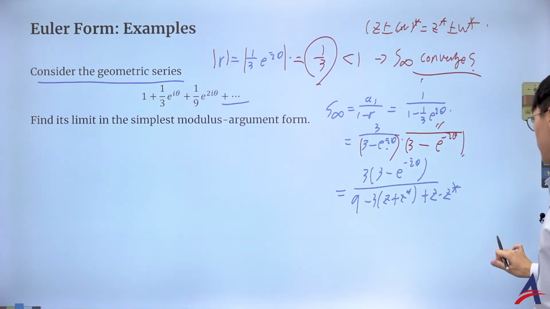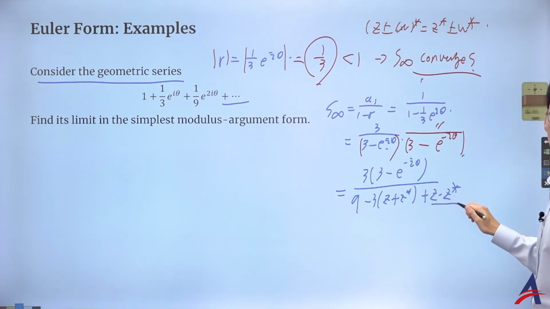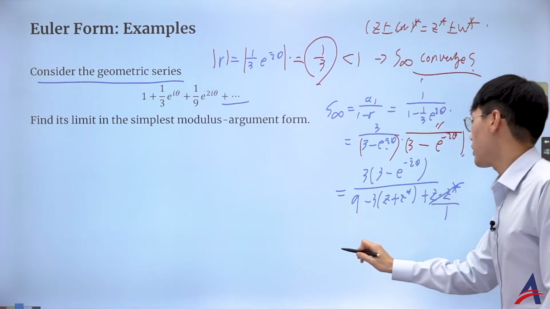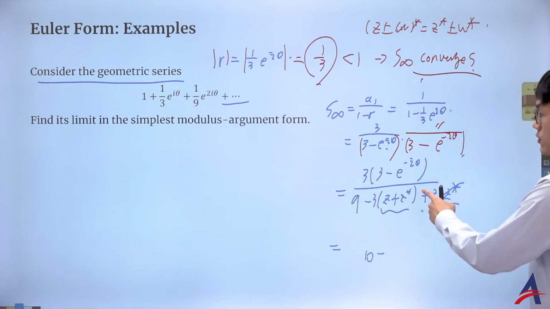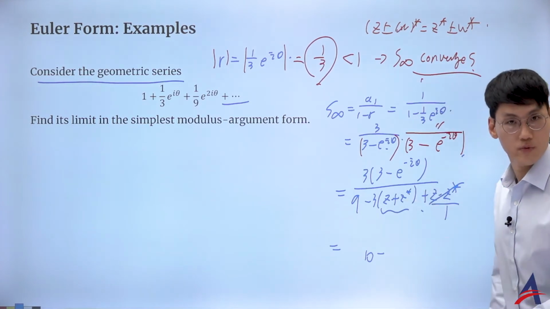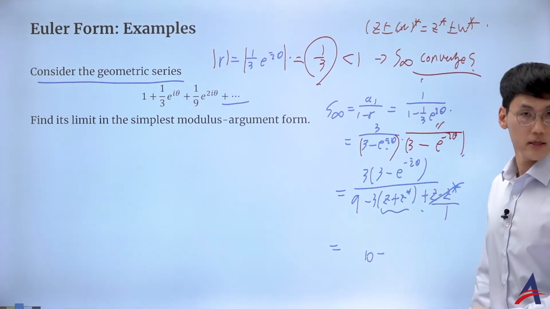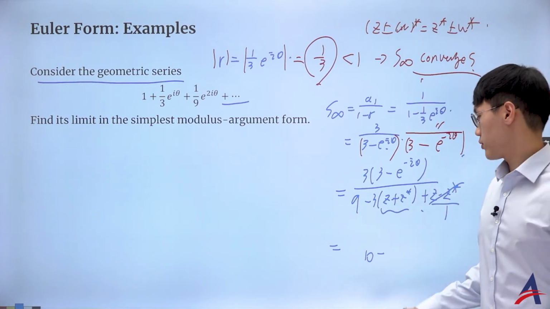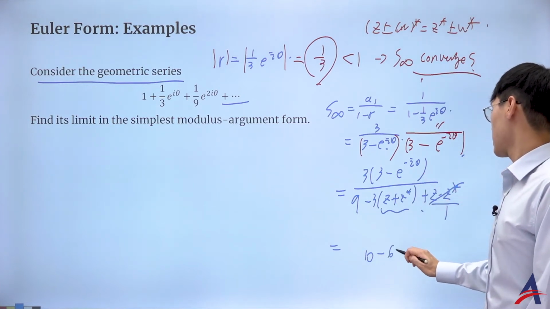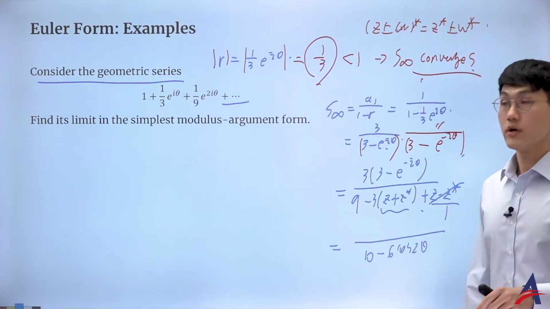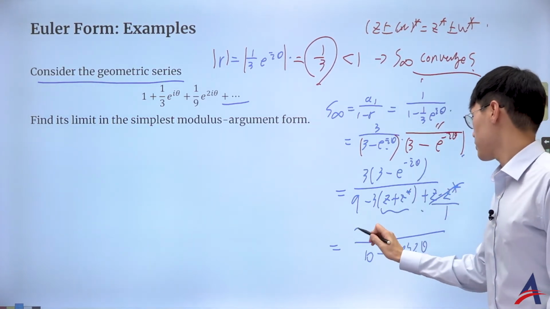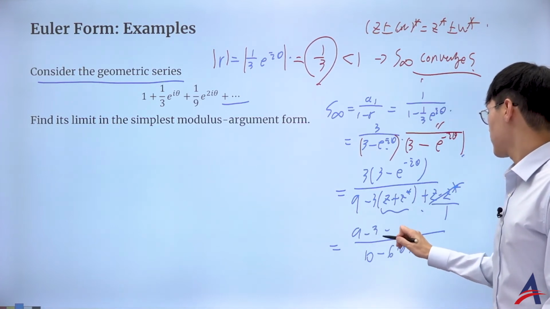But then you realize that the product of e to the power i theta and e to the power negative i theta is just e to the power 0, so it becomes 1. So now on the denominator, that's going to be 10 minus, for the sum of a complex number and its conjugate, twice the real part, that's 2 cosine theta. And I'm multiplying by the negative 3, so that's going to be minus 6 cosine theta. And then in the numerator, you can just easily expand, so that's not a problem.